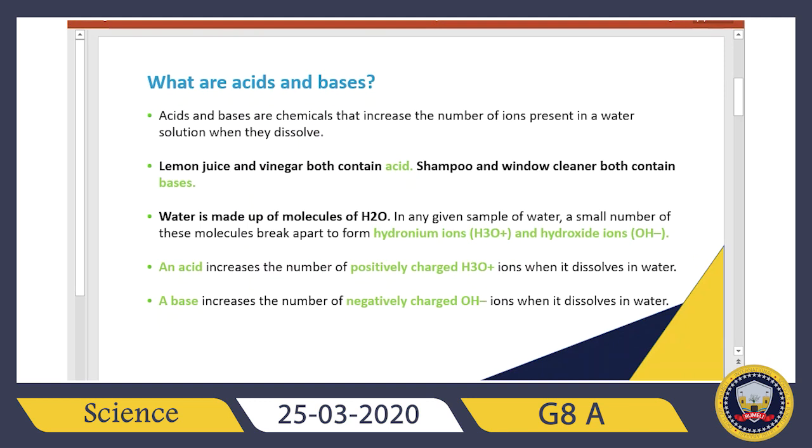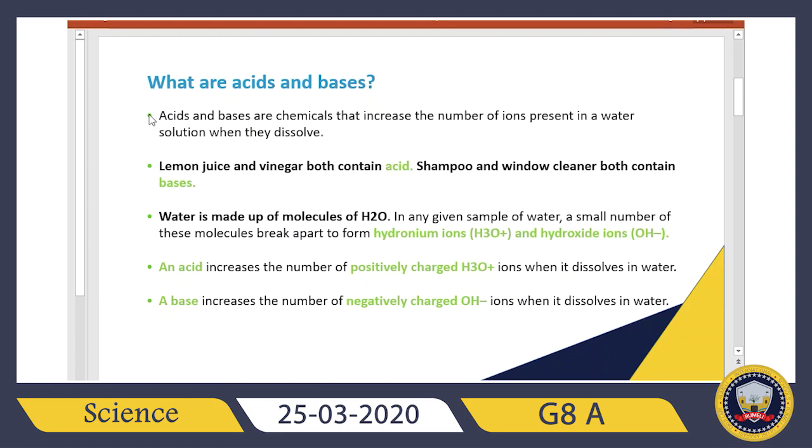And for the simplest definition, acids and bases are chemicals that increase the number of ions present in a water solution. That's why we learned solutions before. So now you know what a solution is, and we can understand if something is an acid or base by looking at its solution. Okay?